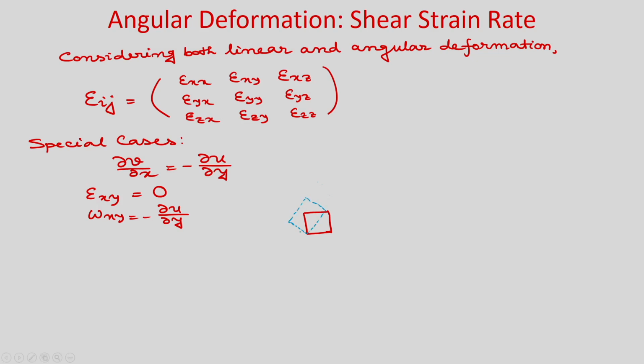like this. Okay. The other special case is if del v by del x is equal to del u by del y. In this particular case, epsilon xy will be equal to del u by del y, which is equal to del v by del x, and omega xy will be 0. So, that means the fluid element has an angular deformation rate, but no rotation about the z axis. So, it will look like this, if you have one fluid element initially like this.